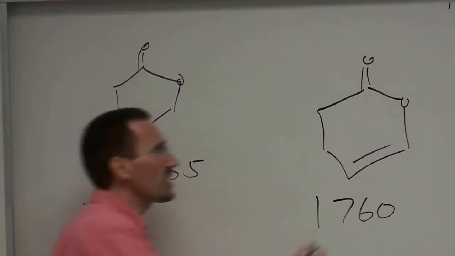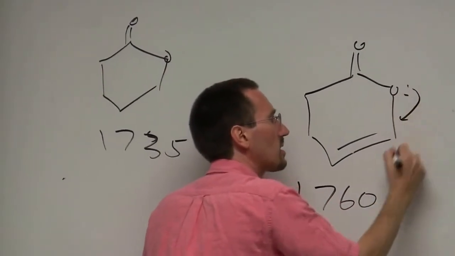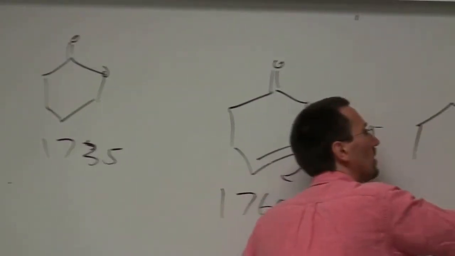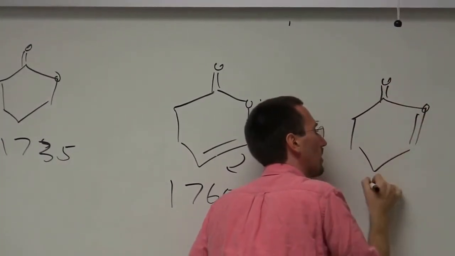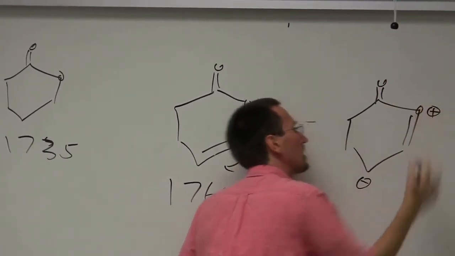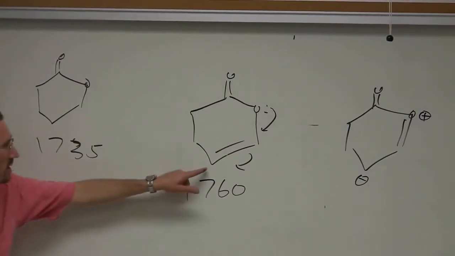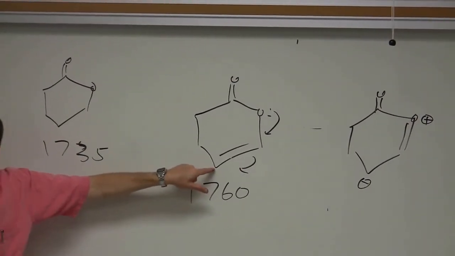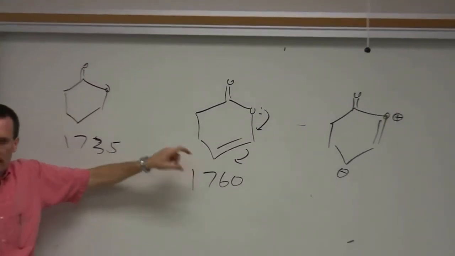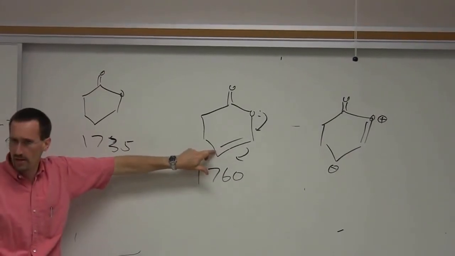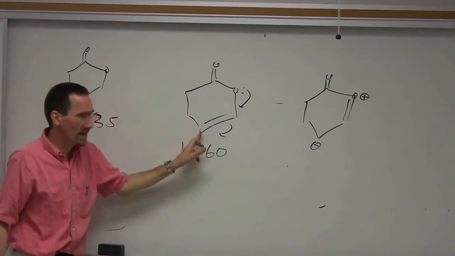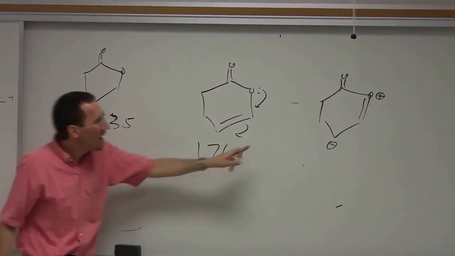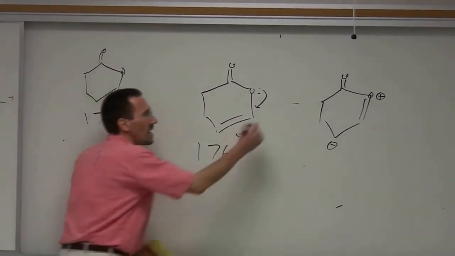And again, you can think of this as a resonance effect. You can write a resonance structure like so. To put it another way, this is a lactone of an enol ether. Enol ethers are electron rich at the position here, basically. If you have an electrophile, it's going to attack here. And you see that in the IR spectrum.